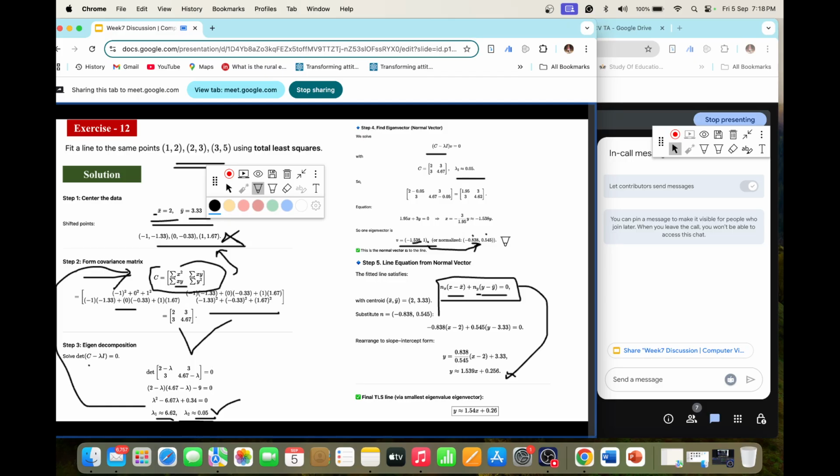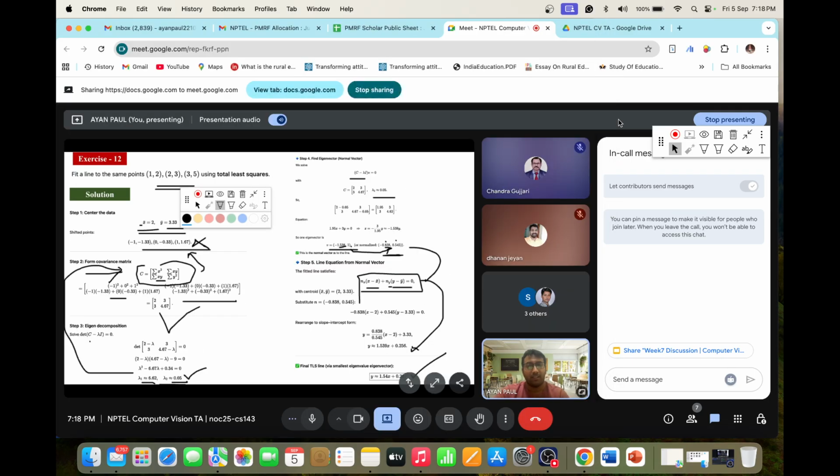Then you calculate the normalized eigenvector values, put them in the equation, and you get the equation of the line. So I hope you can solve these two questions by these methods, least square and total least square. Clear, right? It is very important in the context of line fitting.